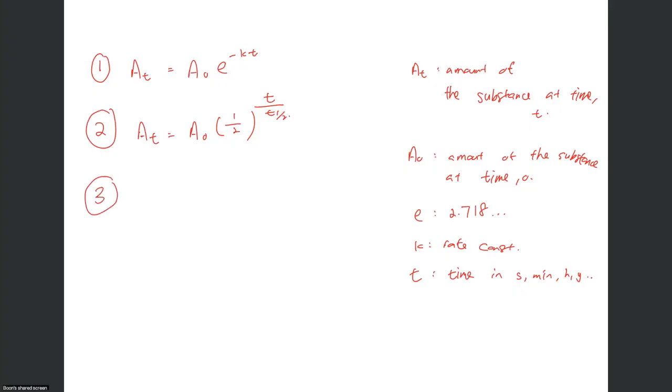The third equation is t half, which is half-life, equals natural log 2 over k. So we can extend one more. T half is half-life.